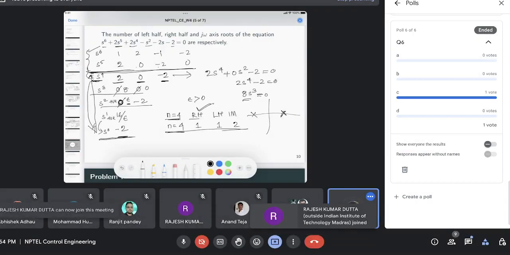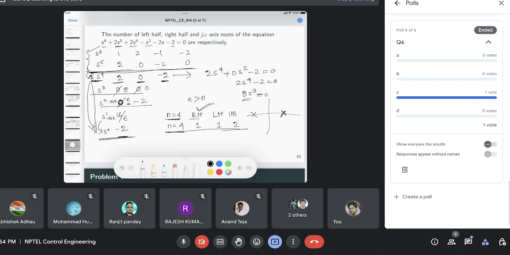So where will the other two poles be? You have accounted 4 poles, right? So can anyone tell where these 2 other poles will be located? The left hand plane. Yeah, in the left hand plane.